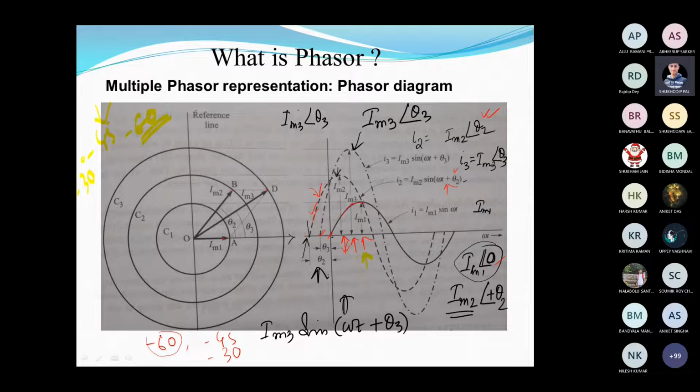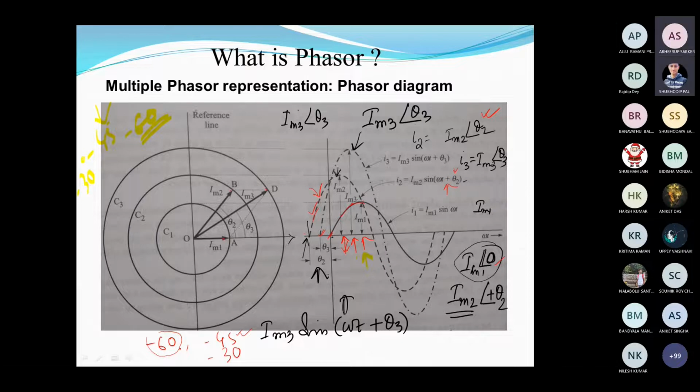Both of you may be on the negative side, say minus 45 and minus 60, both are negative. But minus 60 is more negative, lagging with respect to minus 45. So we can say the waveform having minus 45 phase is leading with respect to minus 60. Got the point?